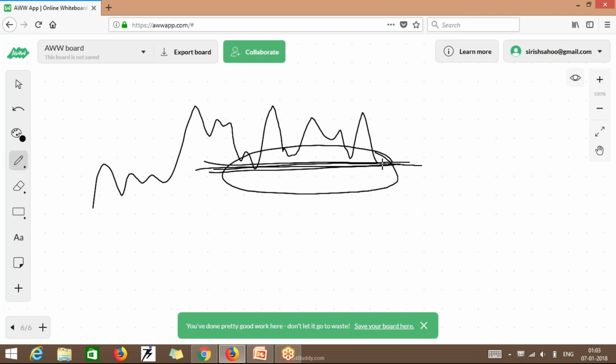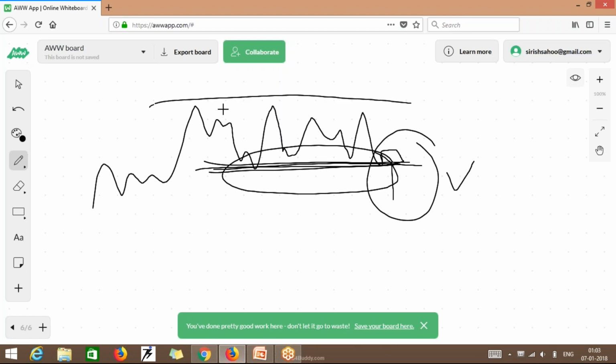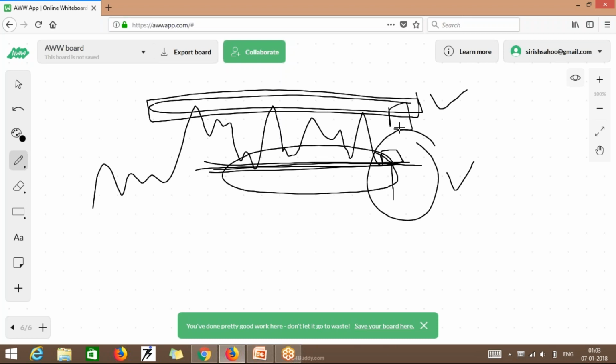So if you find a pin bar over here, then it's definitely effective. Similarly, this price range is definitely giving a resistance, and a pin bar over here is definitely effective.